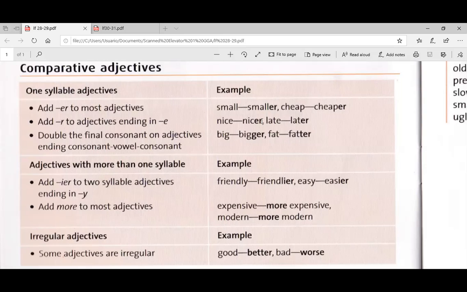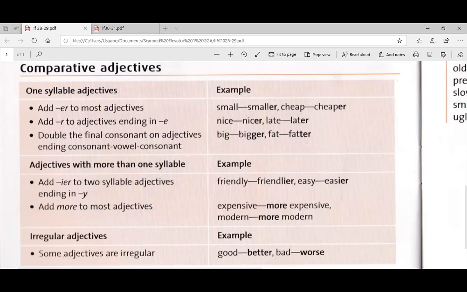You only add the letter r. Okay, that's the only thing you have to do. And finally, you have to double the final consonant on adjectives ending consonant vowel consonant. For example, big, and you go with double consonant, bigger. And you also have fat, and you go double consonant, fatter.